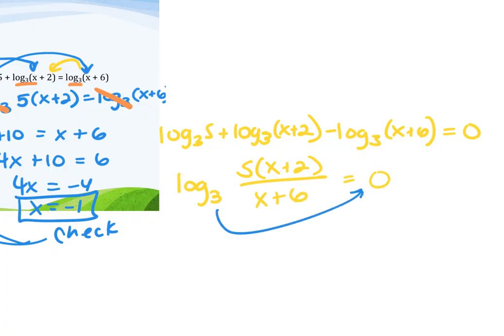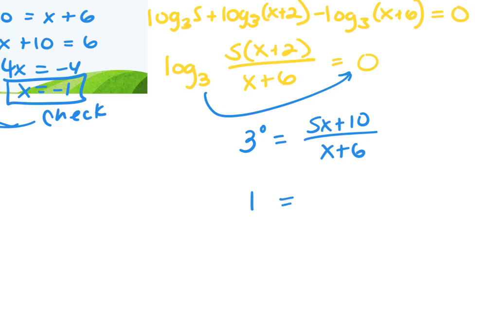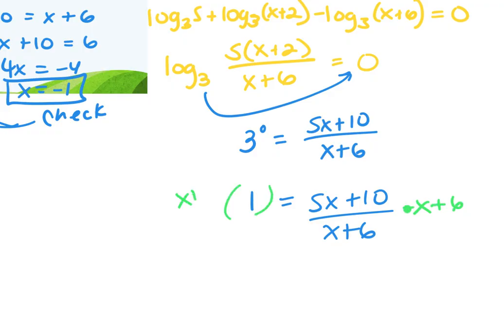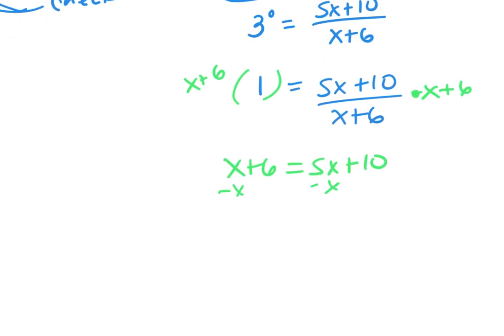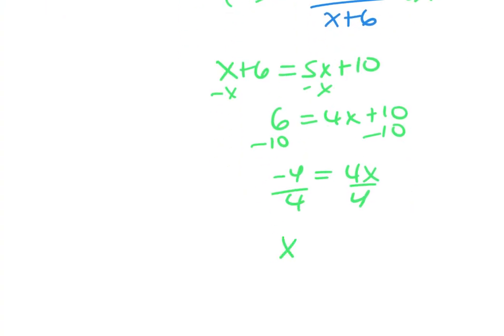Then the 3 picks up the 0. Distribute the 5. This would be 1 equals 5x plus 10 over x plus 6. And then we'd multiply by x plus 6 on both sides. And I get x plus 6 equals 5x plus 10. And then we just solve. So subtract the x. Subtract the 10. Divide by 4. And x is negative 1.